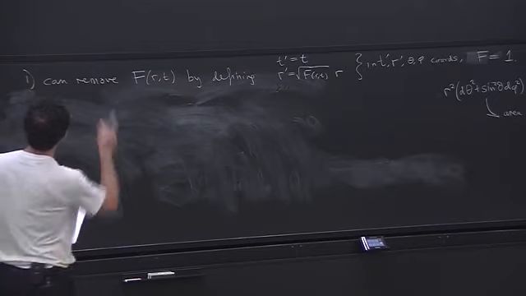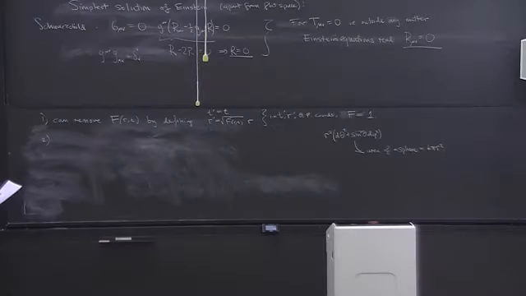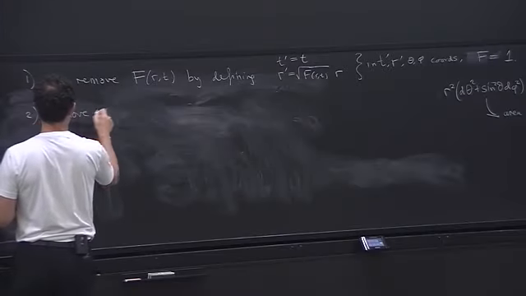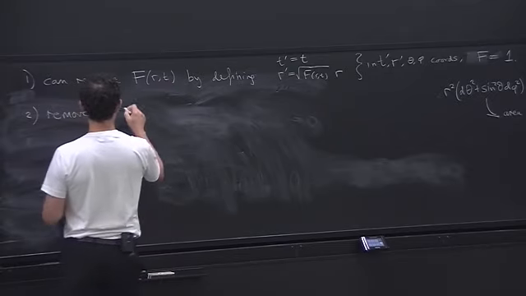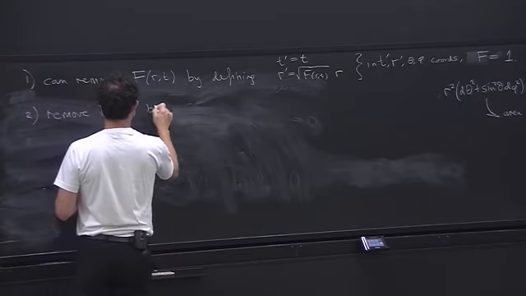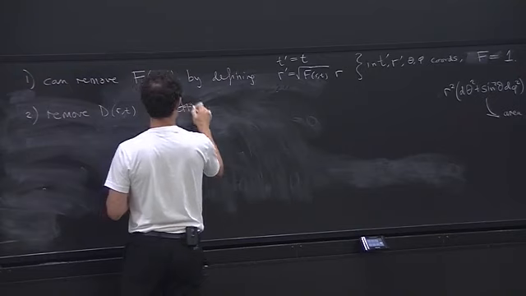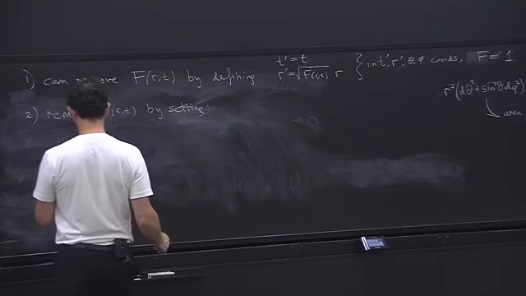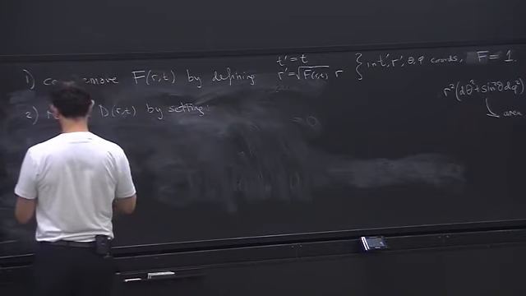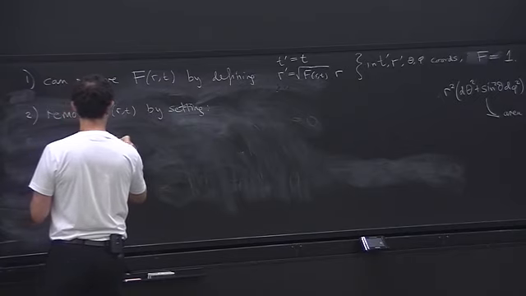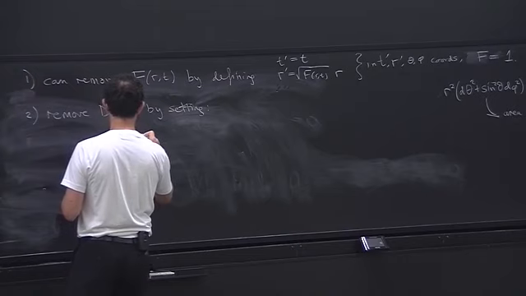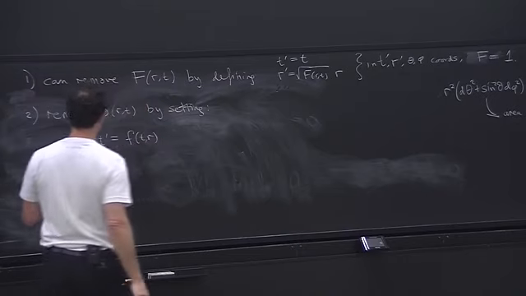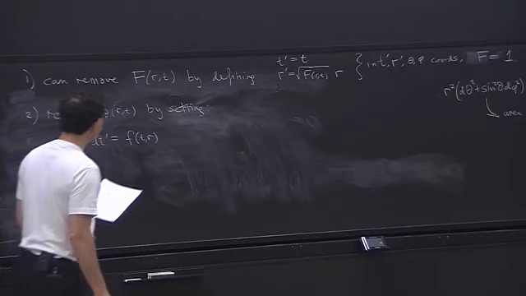And so now we're going to try and get rid of the term d of r and t by setting with the following trick. dt prime equals some function of t and r. So I'm going to redefine the time coordinate.